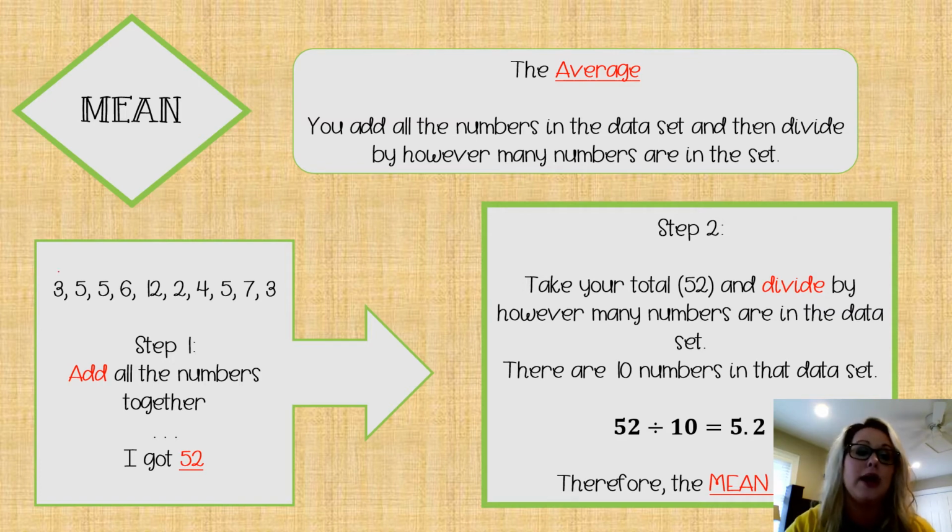Counting 1, 2, 3, 4, 5, 6, 7, 8, 9, 10, there are 10 numbers in that set. So I took 52 divided by 10, and I get 5.2. That is my mean. It is okay to have a mean that is a decimal or a whole number, either one. That is just fine.